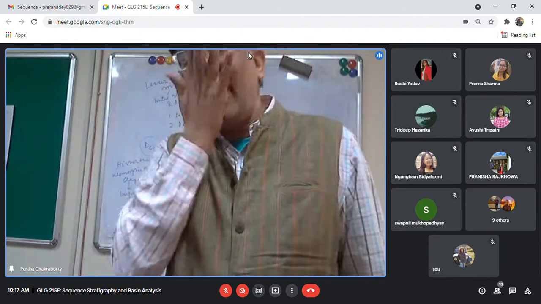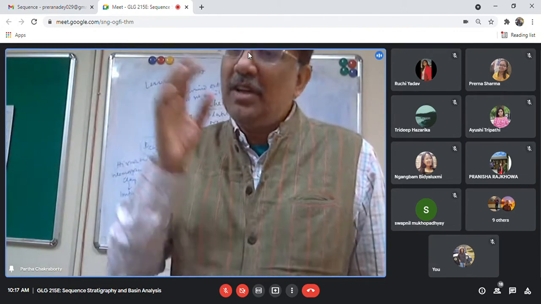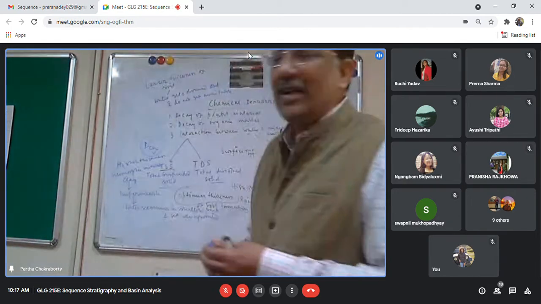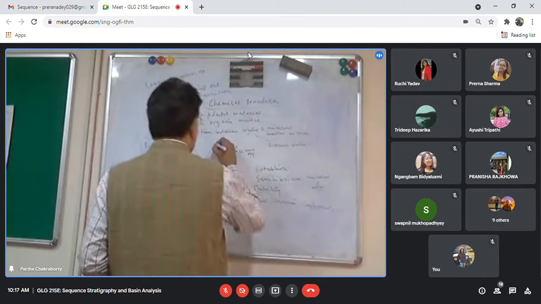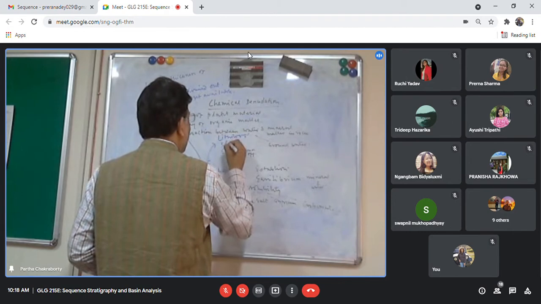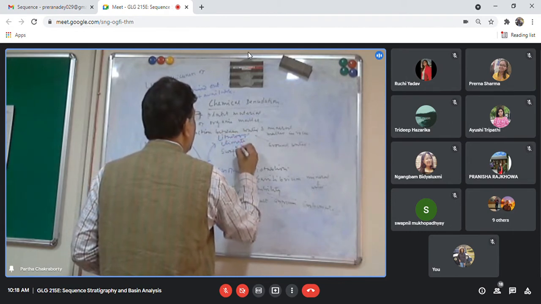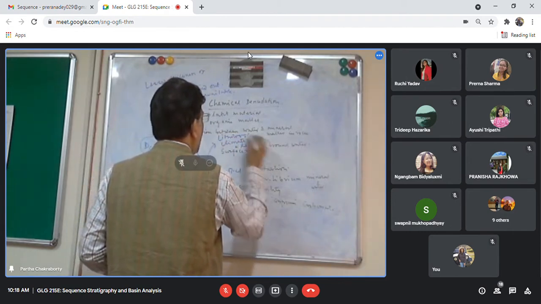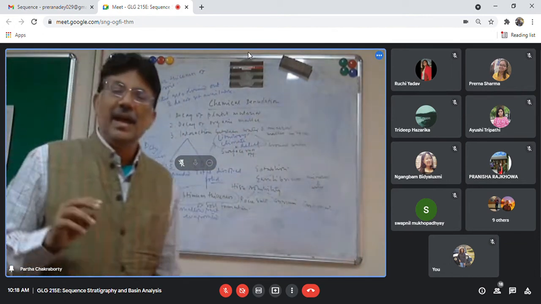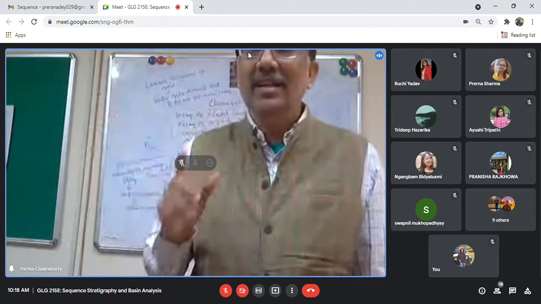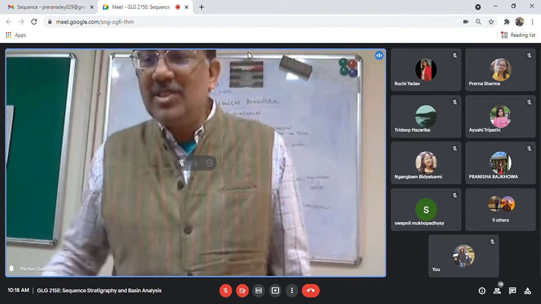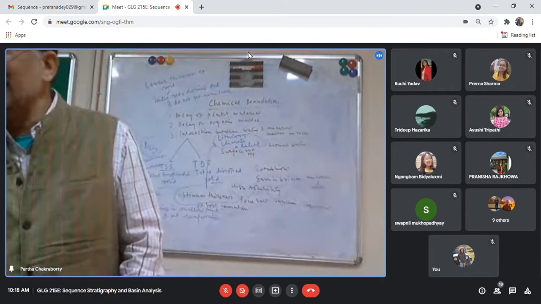Now, what will be that optimum thickness? That will depend upon the lithology, the climate, and relief. All three basically control what should be the optimum thickness at a particular area that will cause the base of chemical denudation in the system.